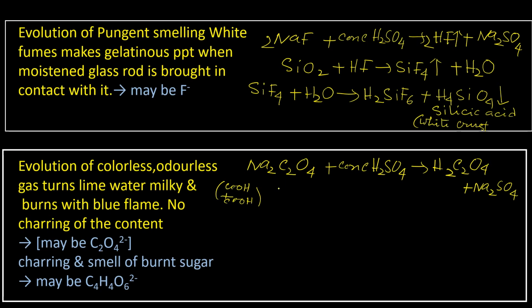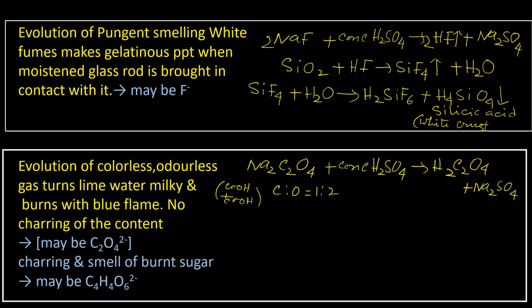But in oxalic acid, the carbon-oxygen ratio is 1:2. So sufficient oxygen is there, after removal of hydrogen with oxygen as water, to oxidize all the carbon to carbon monoxide, and then carbon monoxide in aerial oxidation will convert to carbon dioxide.